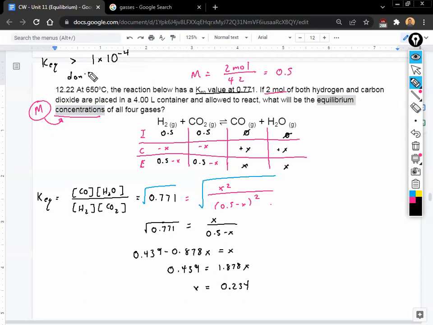It's probably not going to pass. You might want to jot that down somewhere. So if the equilibrium constant is less than 10 to the negative 4, it's worth a shot using the 5% rule. But if it's bigger than 10 to the negative 4, then it's probably not going to pass and you might be wasting your time. Okay.